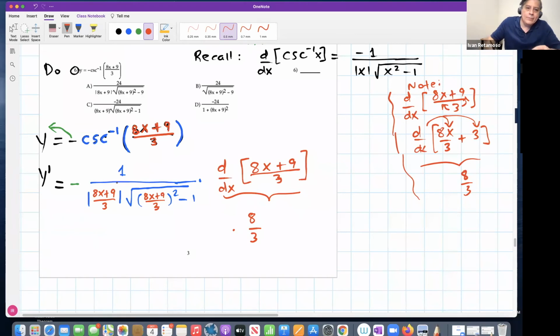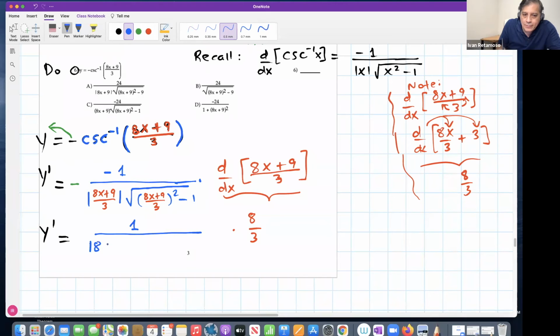Times, now let's work this out, but also don't forget the negative sign there. Negative times negative is going to be positive. So don't worry about this, two negatives make a positive. One on the top divided by the absolute value of (8x plus 9) over 3.